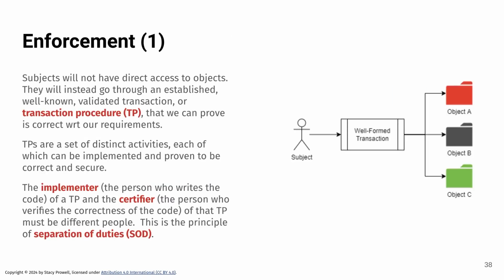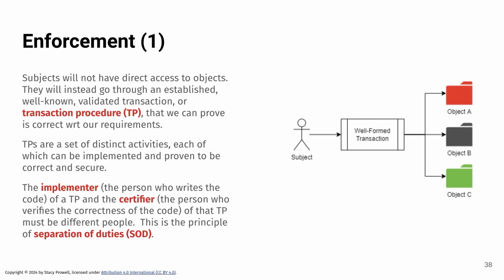So, in order to make sure that things behave correctly, that we honor all the constraints, and that the system stays consistent, we define transaction procedures. What's a transaction procedure? It's code. It's a piece of code we run. So we define this.